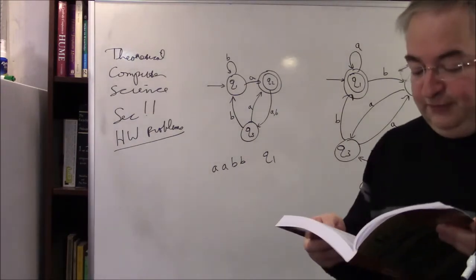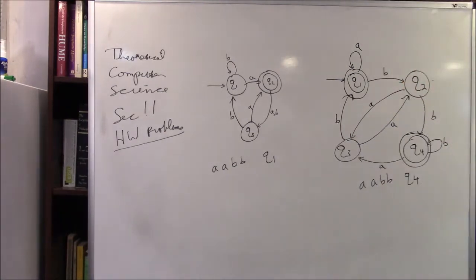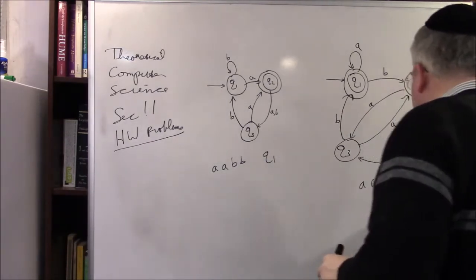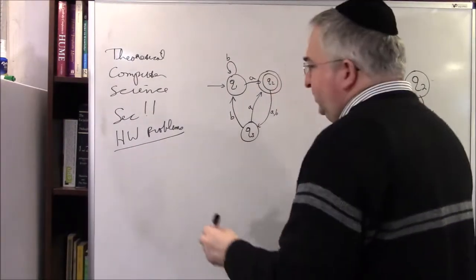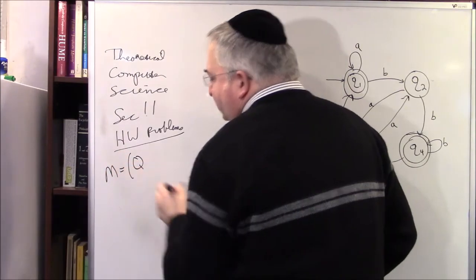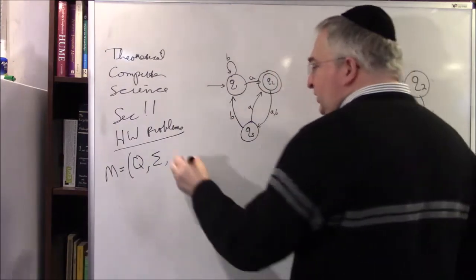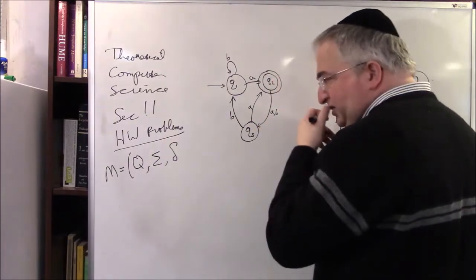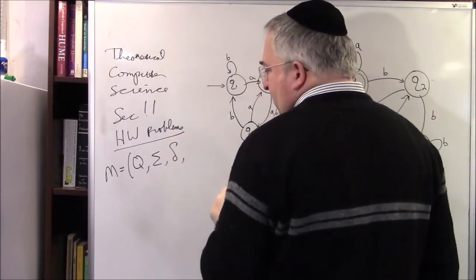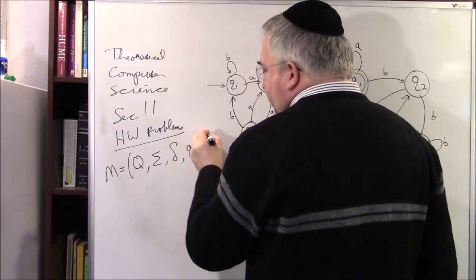Okay. Give the formal description of the machines M1 and M2 pictured in exercise 1.1. So let's do that. Let's just remember what the formal definition is. The formal definition is M, the machine, is equal to Q, the set of states, comma, sigma, the set of letters, the transition function, Q0, the starting state, and F, the accepting states.